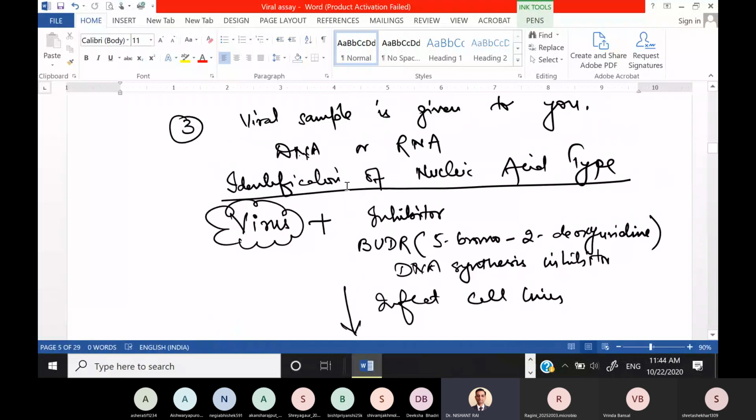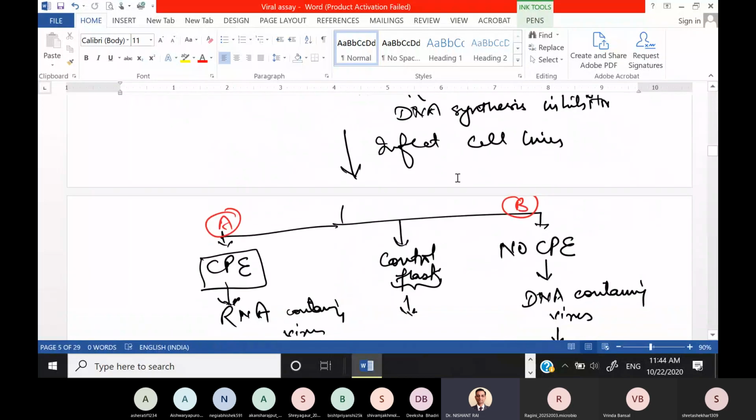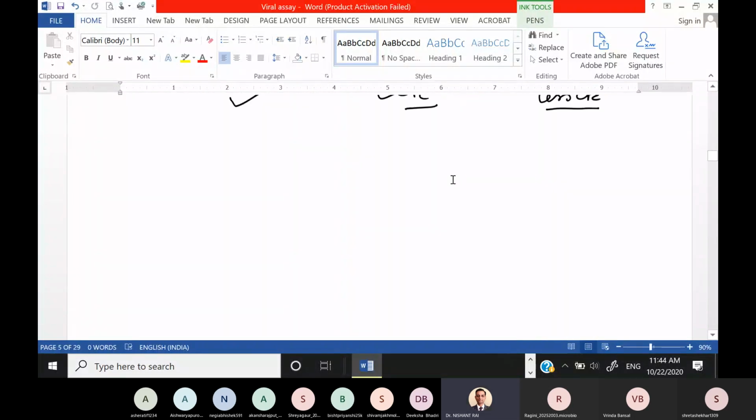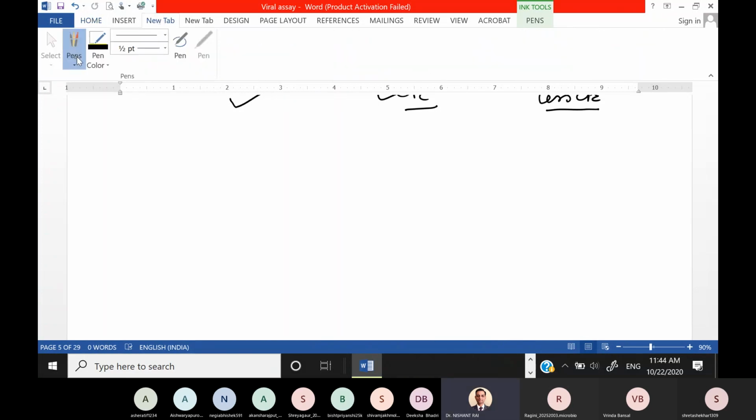So this is the assay of viruses on the basis of their nucleic acid type. Okay. We have discussed one of the properties, that some viruses can agglutinate RBCs. Virus sample is given to you.